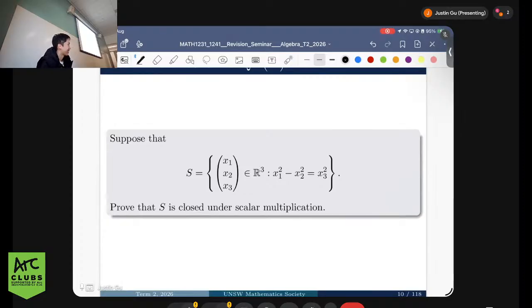What's a subspace? It's just a set of vectors that follow a certain condition, right? And it has to obey the three properties: it contains a zero vector, closed under vector addition, and closed under scalar multiplication. That makes so much sense now.